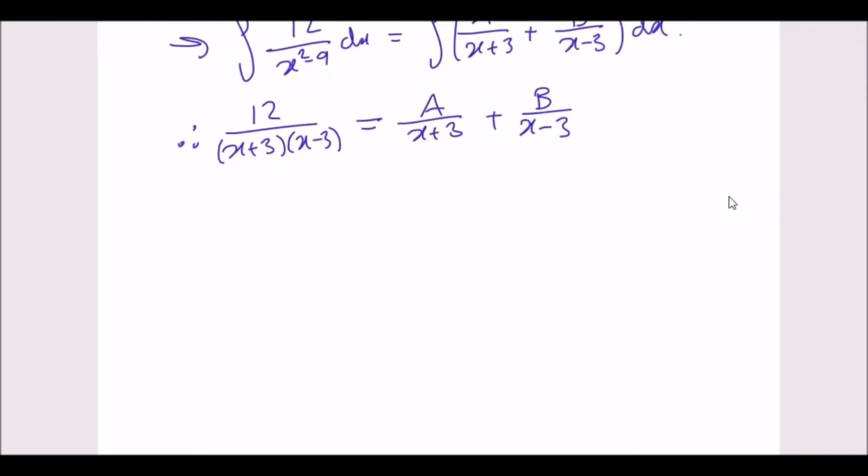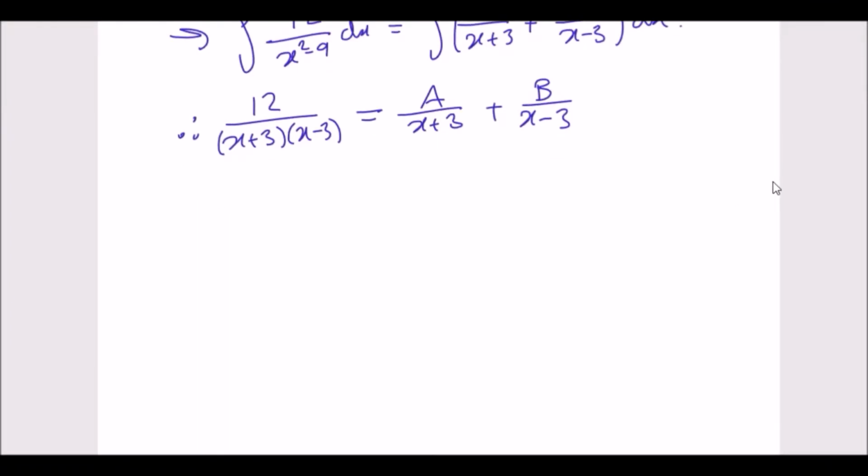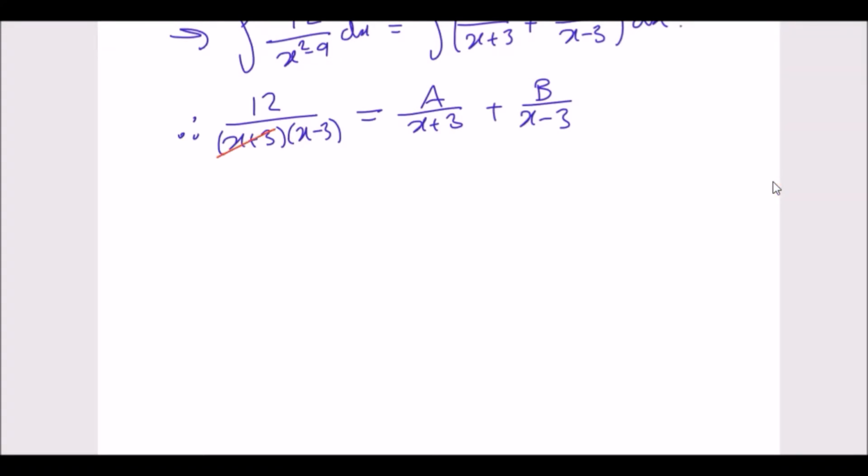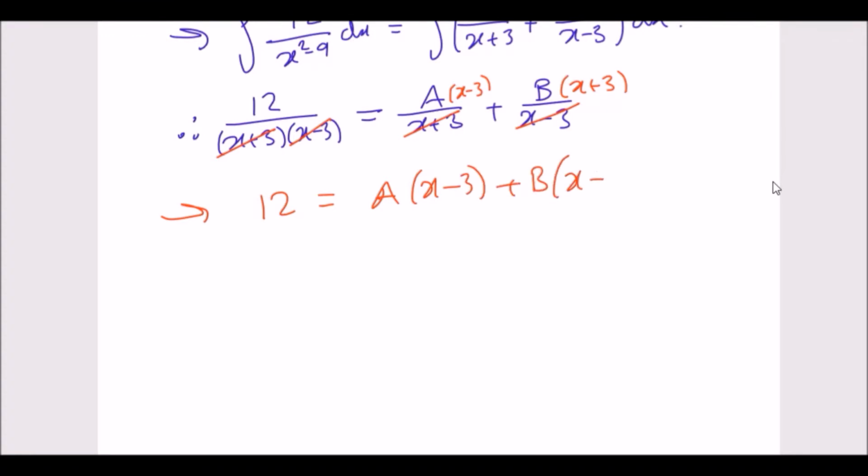Now the easy way to do this is to multiply across by x plus 3 and x minus 3. Times x plus 3 across, that cancels out, and we've got x plus 3. Times everything by x minus 3, that cancels out, and this has x minus 3. So hence we have 12 equals a times x minus 3 plus b times x plus 3.